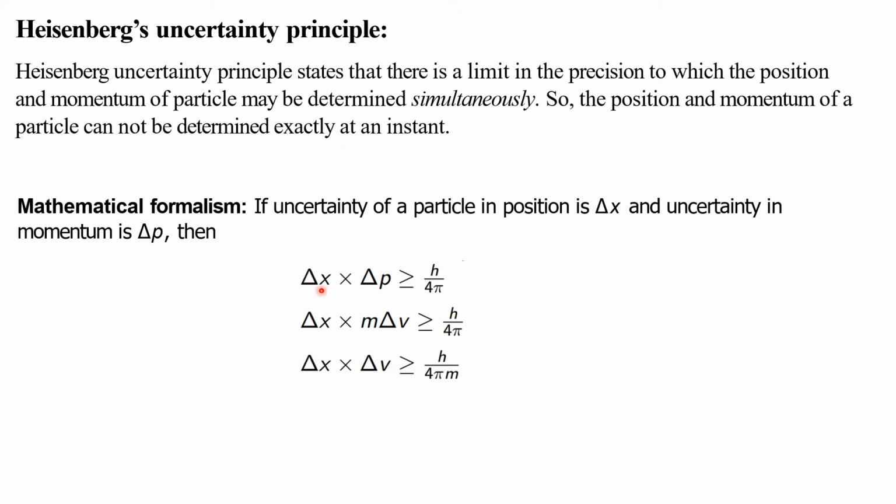He says that delta x times delta p is greater than or equal to h by 4 pi. If you substitute delta p by m delta v, changing uncertainty in momentum to uncertainty in velocity times mass, we arrive at this expression.